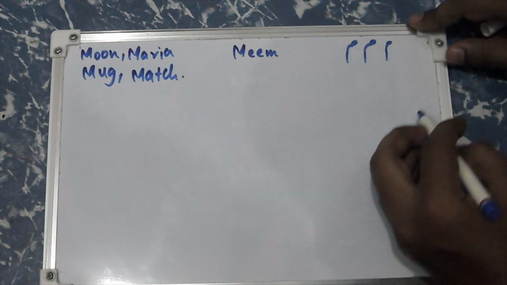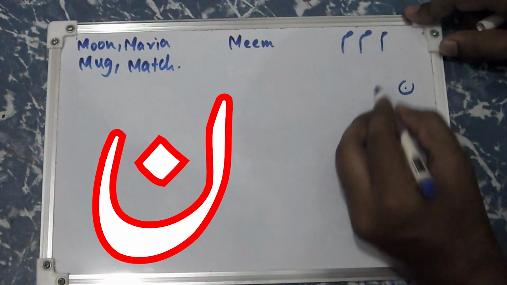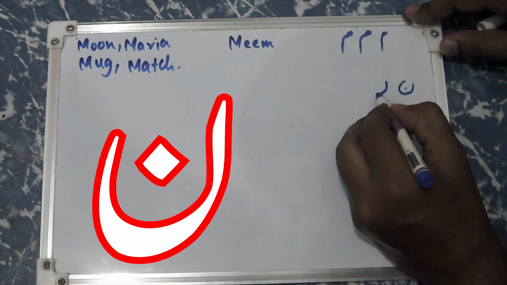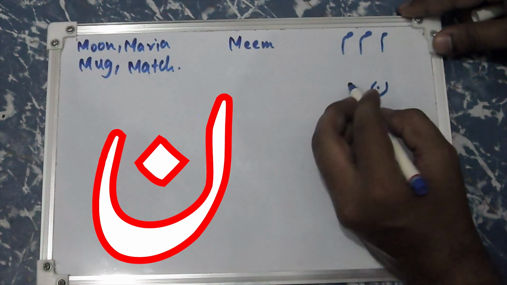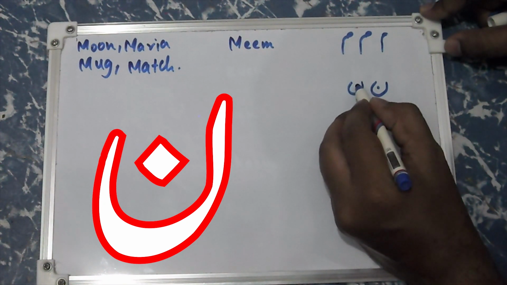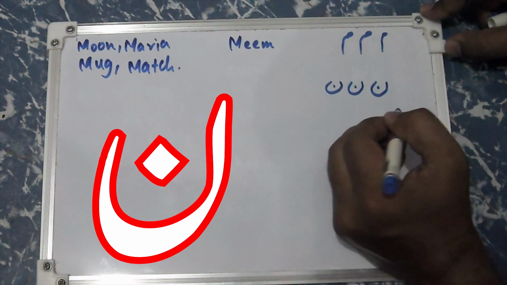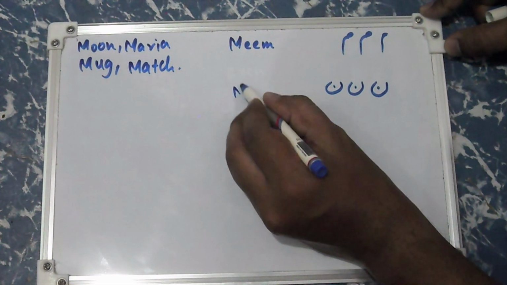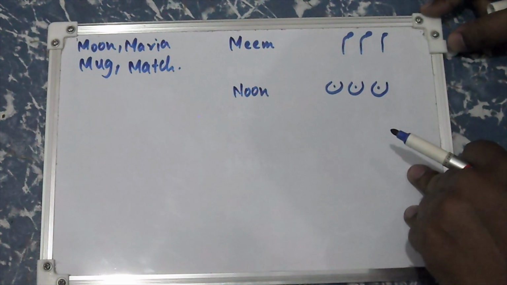And the next alphabet of today's lesson is noon. It would be round in shape and it contains a dot. Noon, and it is pronounced as noon in English language.